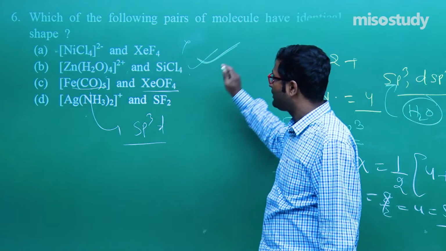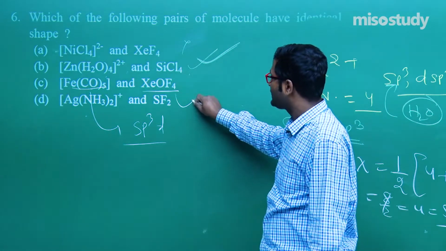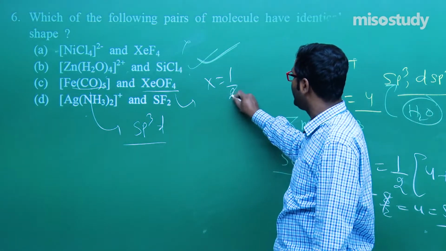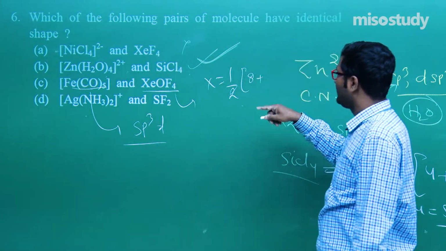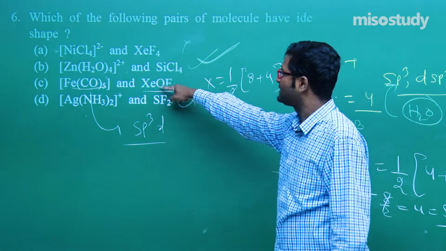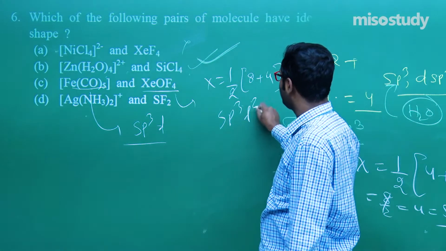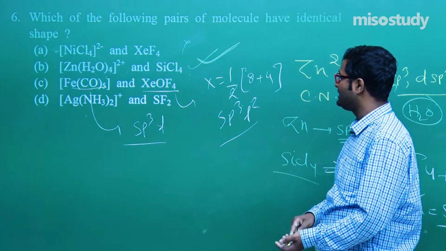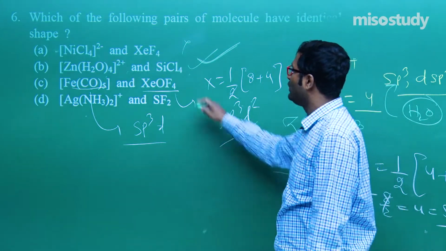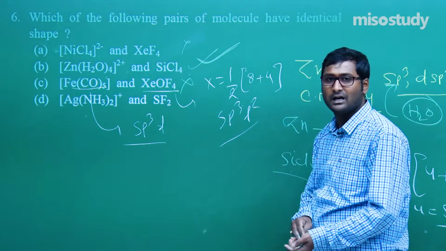Now if I talk about XeOF4, check it out. X is equal to 1 by 2 of 8 plus monovalent atoms 4. The divalent atom we will not count. Again the hybridization is sp3d2. One is sp3d, the second one is sp3d2. So this is also not a correct option.